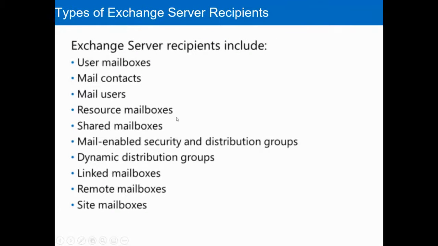So here, Exchange Server recipients include user mailbox, mail contact, mail user, resource mailbox, shared mailbox, mail-enabled security and distribution groups, dynamic distribution groups, linked mailbox, remote mailbox, and site mailboxes.